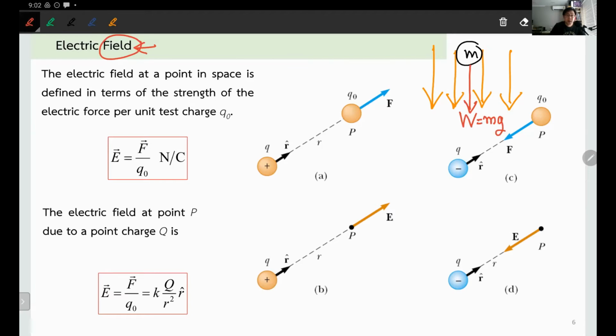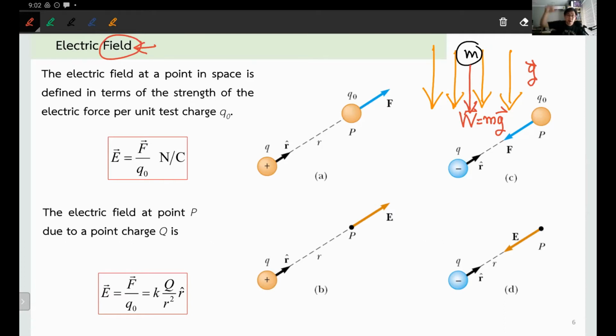All masses have the weight m times g. Now you can understand why I'm trying to get you to the field. What is the field that we're talking about? It is this g right here.